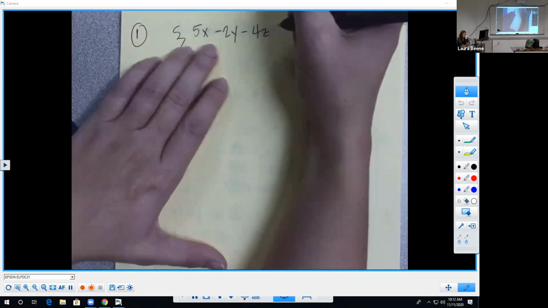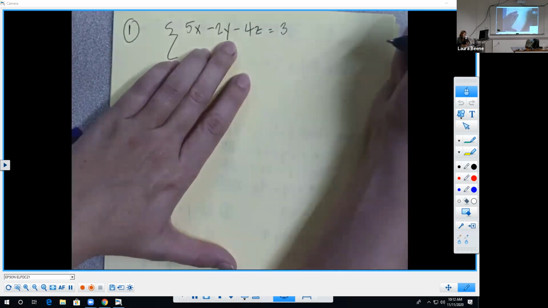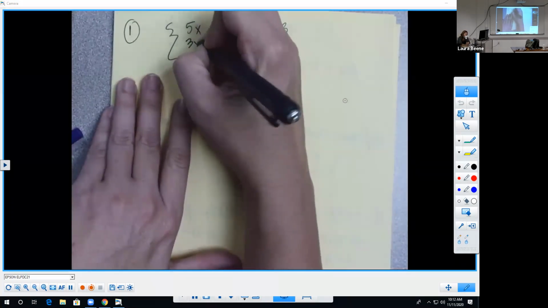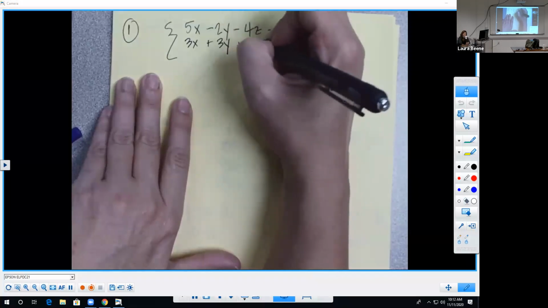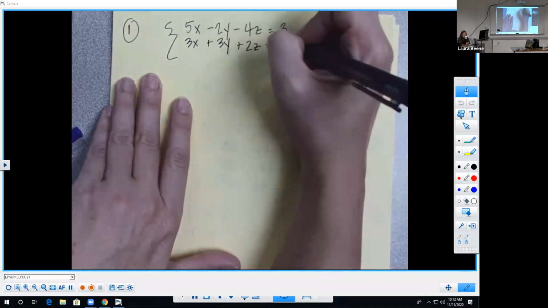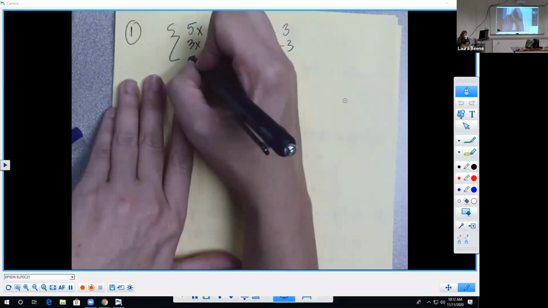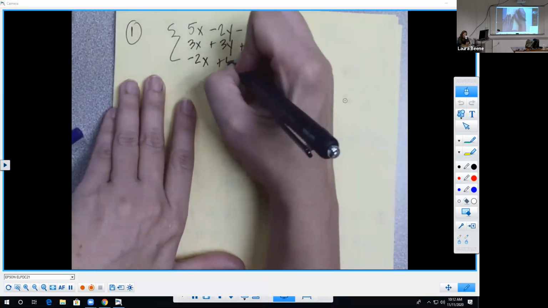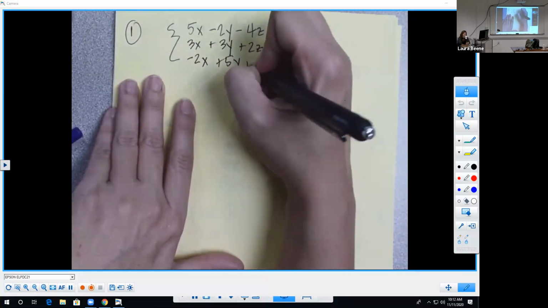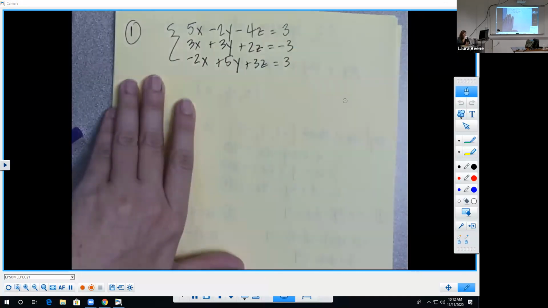So 5x minus 2y minus 4z equals 3. 3x plus 3y plus 2z equals -3. And -2x plus 5y plus 3z equals 3.